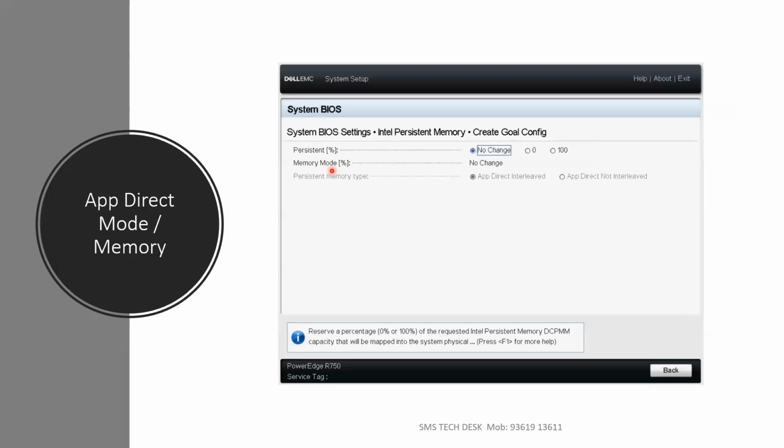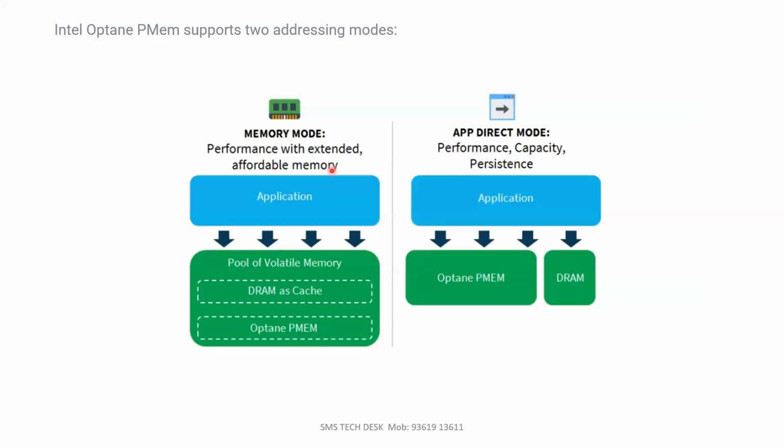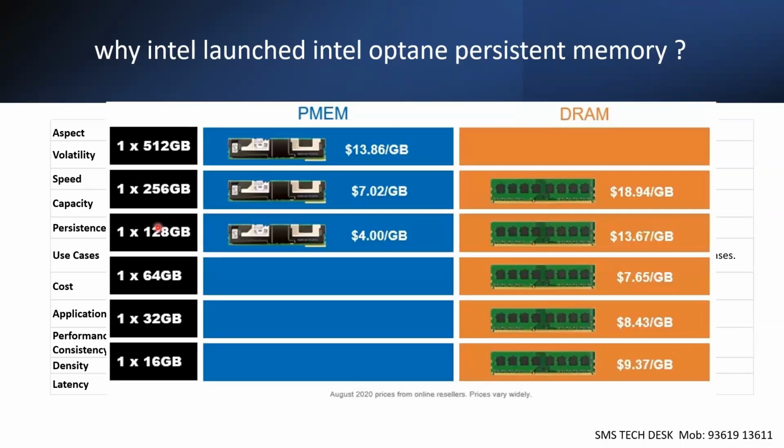This comes with two options: one is memory mode, and another one is app direct mode. For 128 GB, a normal dynamic RAM would cost around $13 per GB.